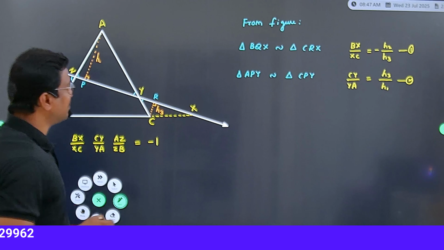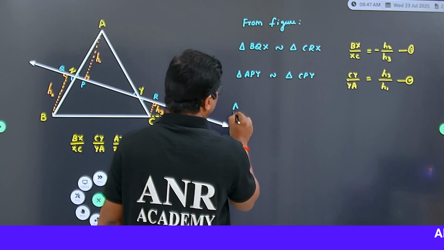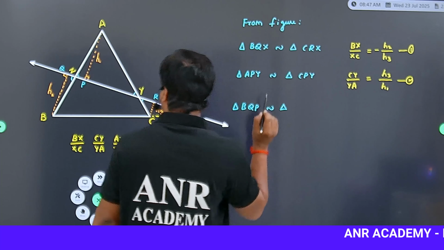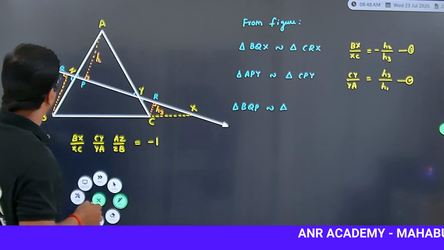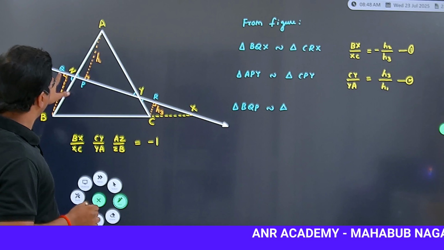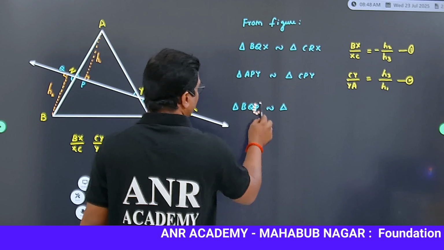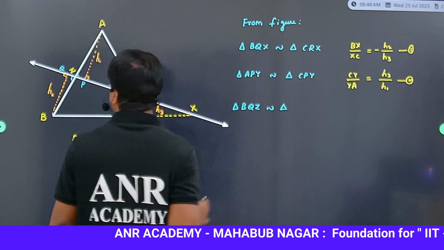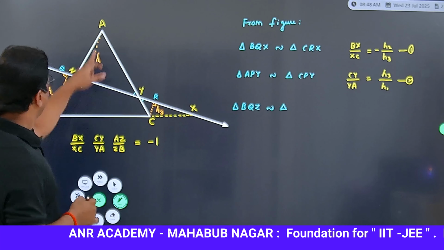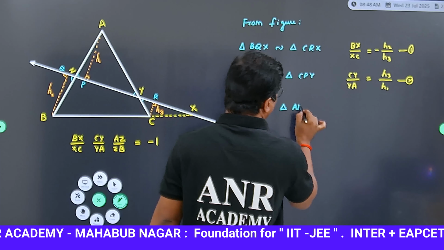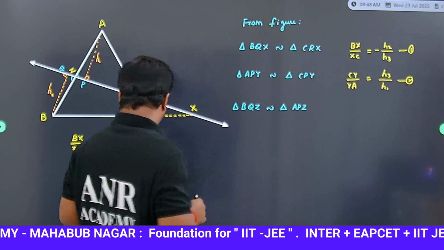BQP, first one. Triangle BQP, which is similar to triangle BQZ, it is, right? BQZ, which is similar to APZ. Triangle APZ.